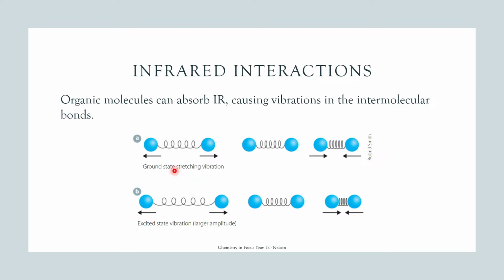However, if we add some additional energy through infrared radiation, what we can start to see is that for a particular frequency, the vibration becomes larger. The extension of the bond becomes larger and the compression becomes shorter, essentially a larger amplitude vibration between the bonds.